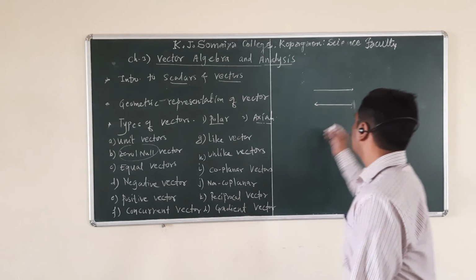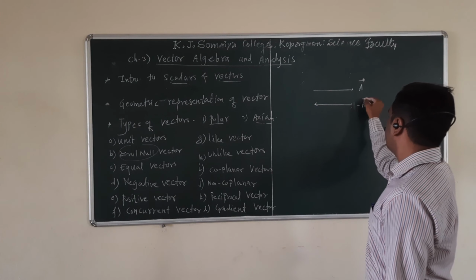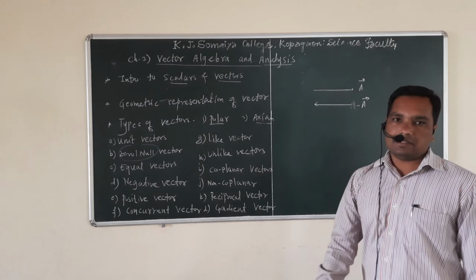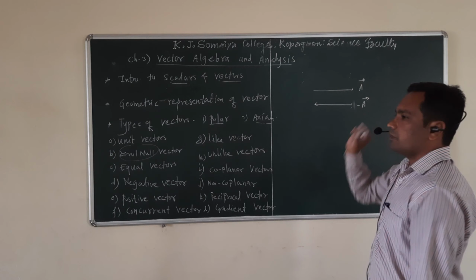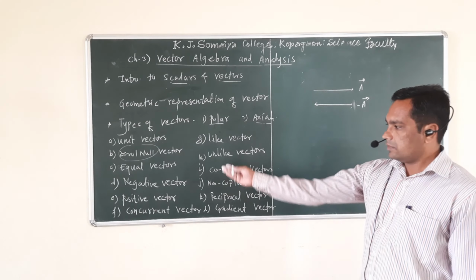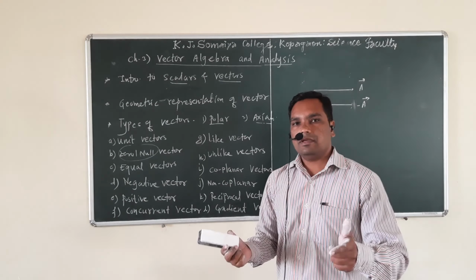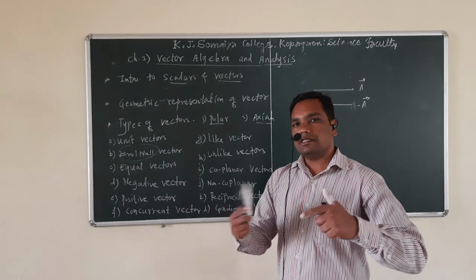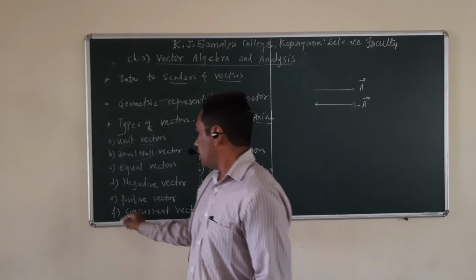Suppose this is vector A, then we can say this vector is vector minus A. So vector minus A is the negative vector of vector A. So a negative vector means the direction is opposite but the magnitude is the same.